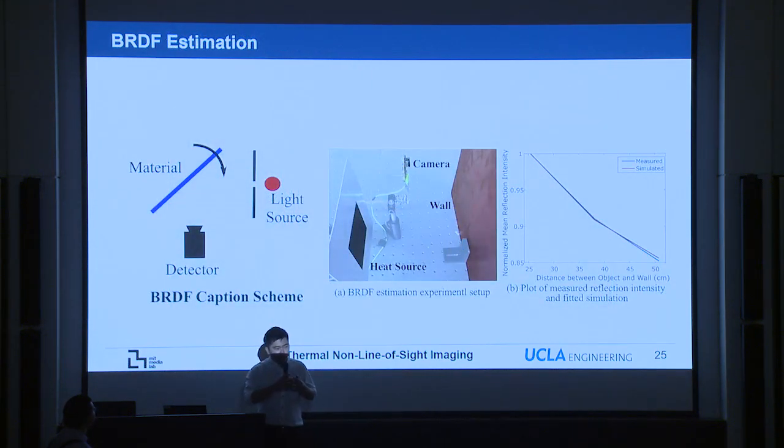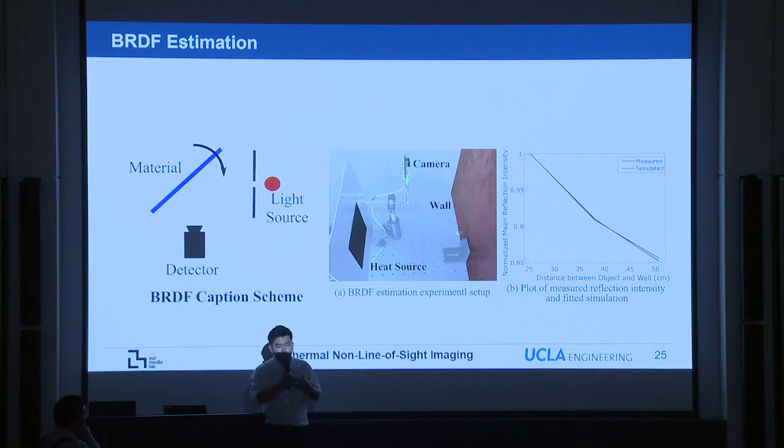So first, we need to capture the BRDF of the surface to use this model. Let me illustrate some examples of how we can capture the BRDF. The first is simply to rotate the surface with a fixed point source and camera. Or, for fixed surfaces, you can move around the camera and the light source.